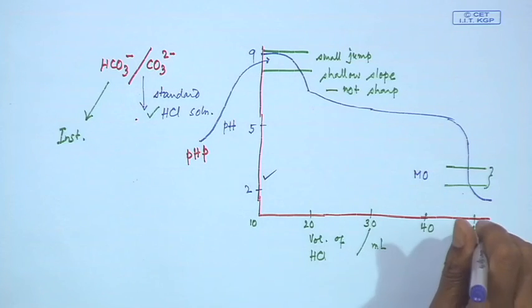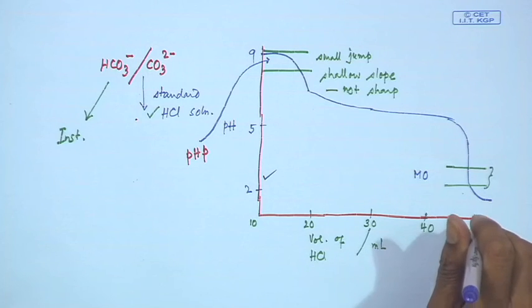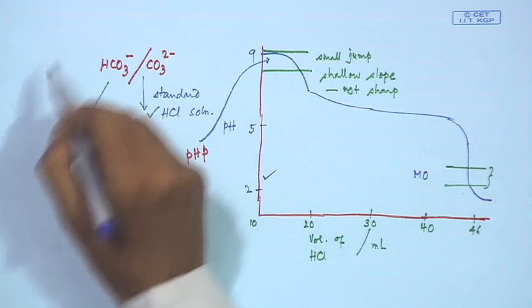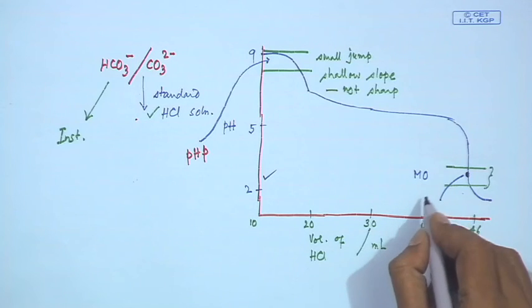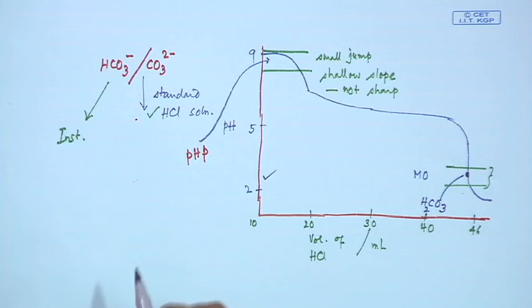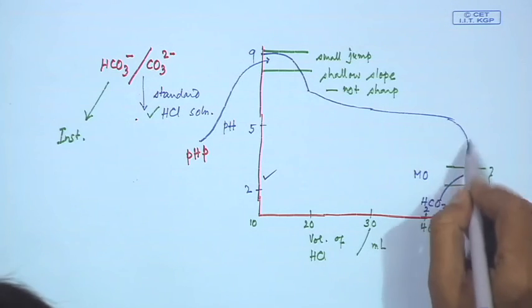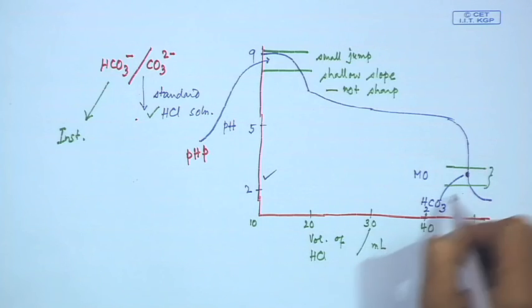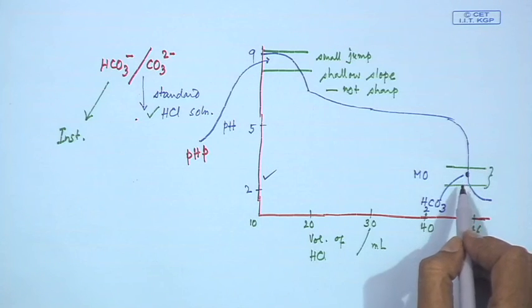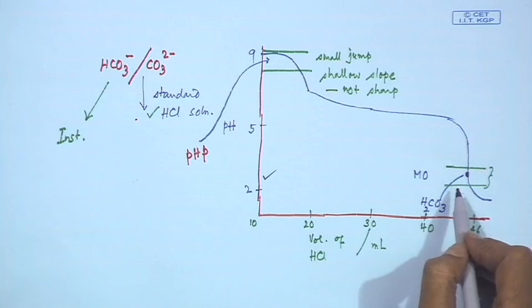So, if you add methyl orange, at this point, this is the midpoint, we get the formation of carbonic acid, H2CO3, and that can be detected for a very small addition of hydrochloric acid, a sharp change, and the color change is also very sharp using methyl orange.